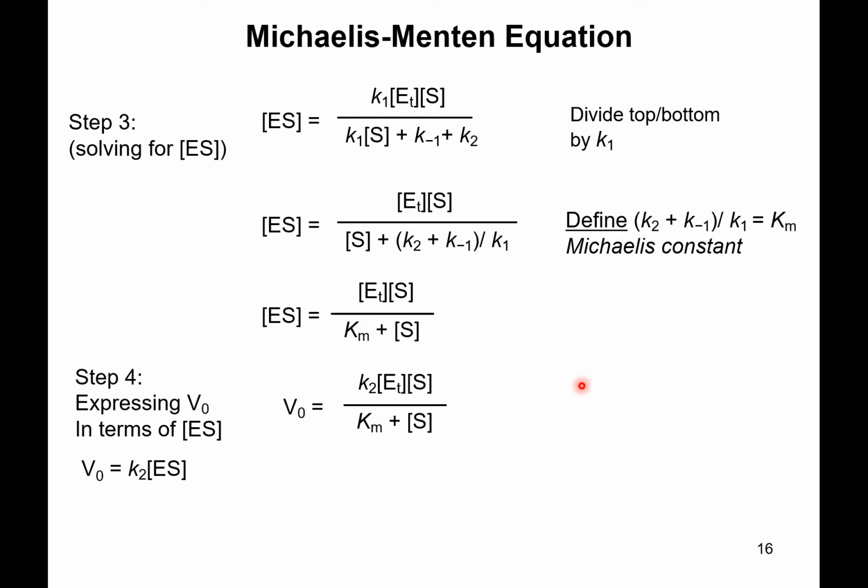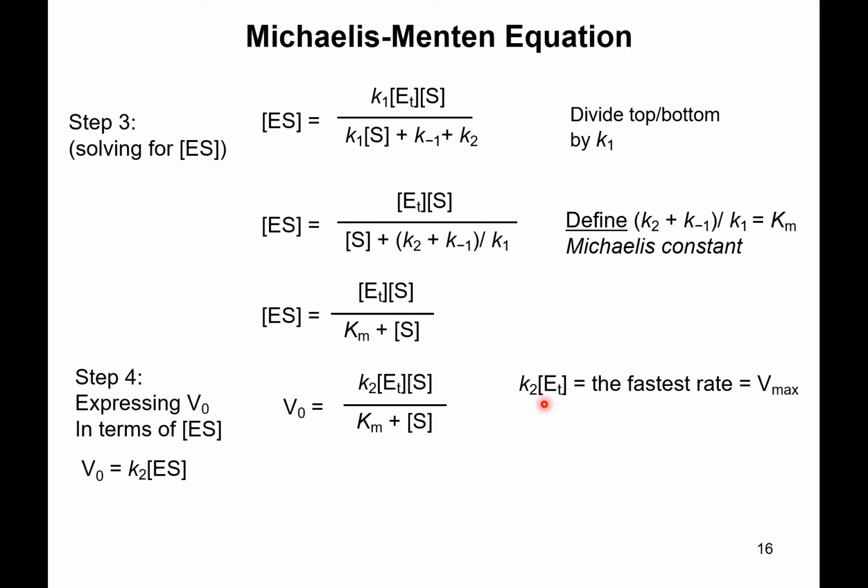And when we express this in terms of V naught, remember we mentioned V naught equals K2 times ES. So we multiply both sides of this by K2, so we get it in terms of V naught. That equals K2 times total enzyme times substrate divided by Km plus substrate.